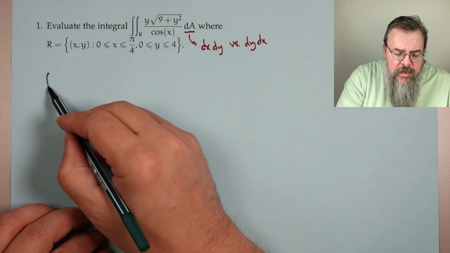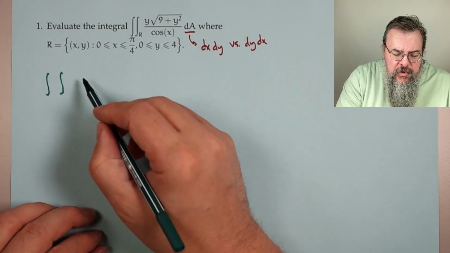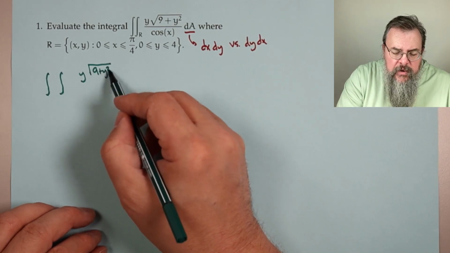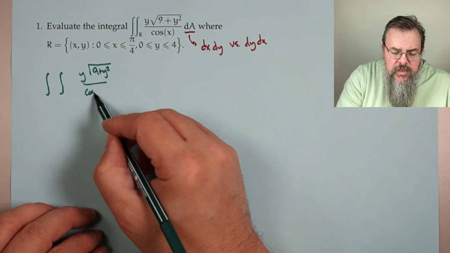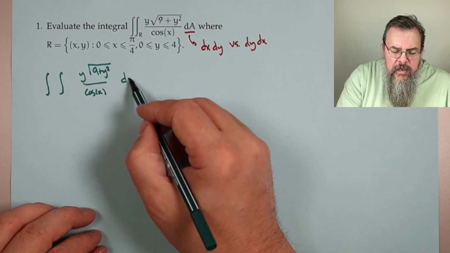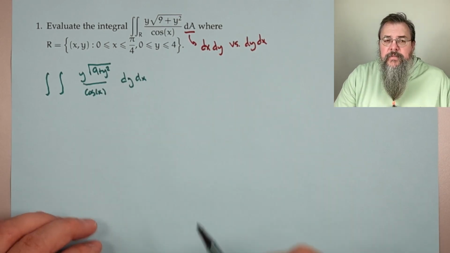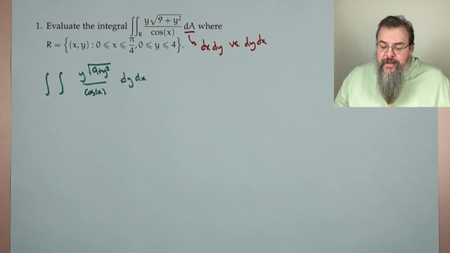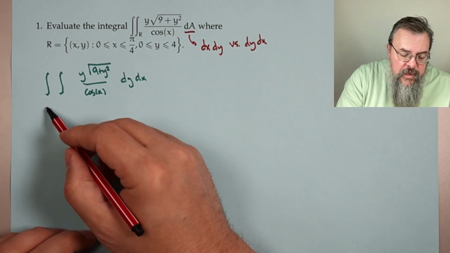So this becomes the integral of y over the square root of 9 plus y squared, over cosine of x, dy dx. Again, it's a choice I made. Now, as a reminder, things pair up and you work from the outside in.